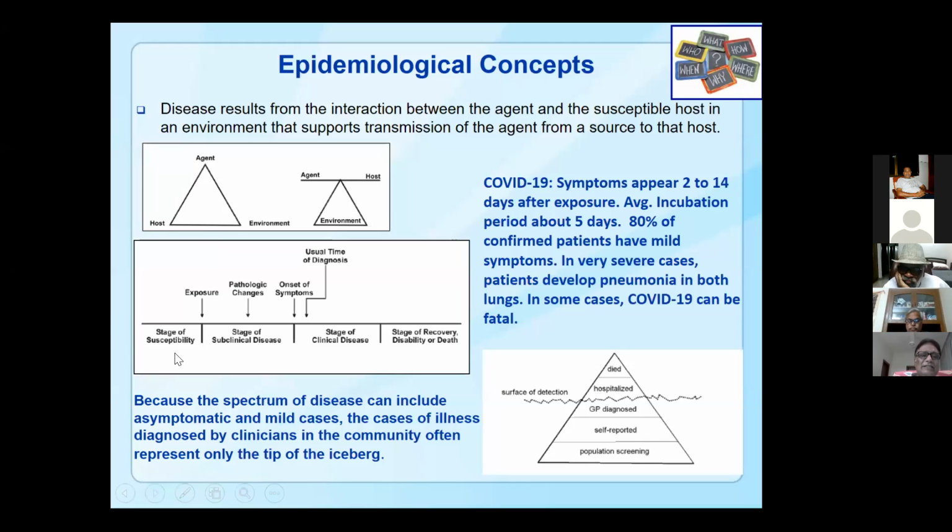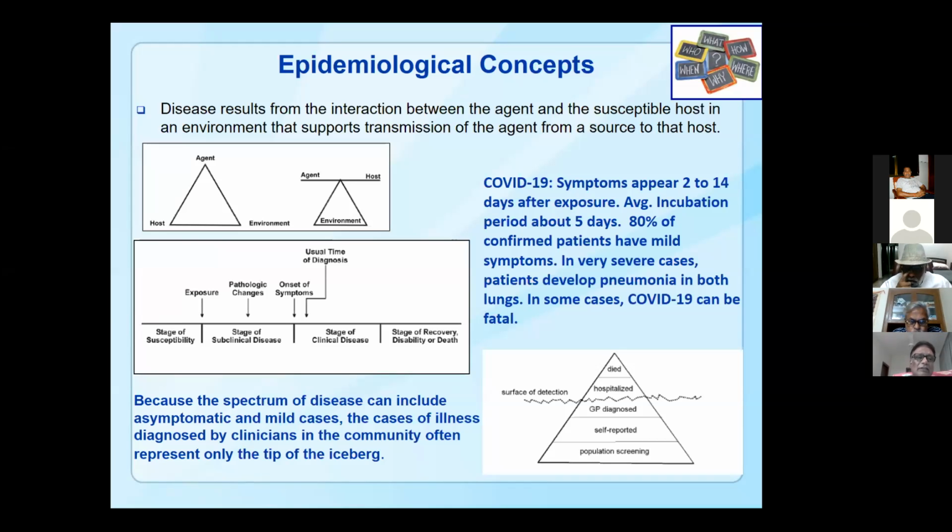And the next picture that I have there for you on your screen shows you what is called the natural history of disease. Every one of us, when a bacteria or virus enters into our body, there is a stage of susceptibility. Here, we are susceptible. The bacteria or virus has not entered us, but we are at risk.